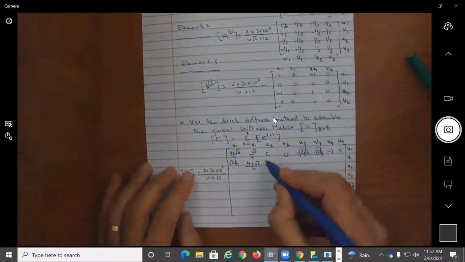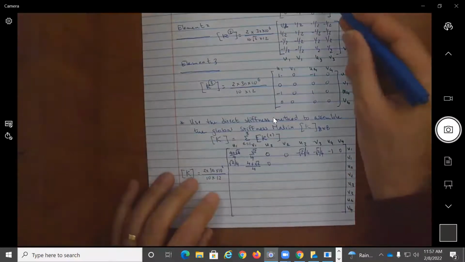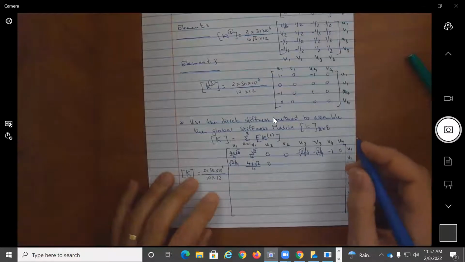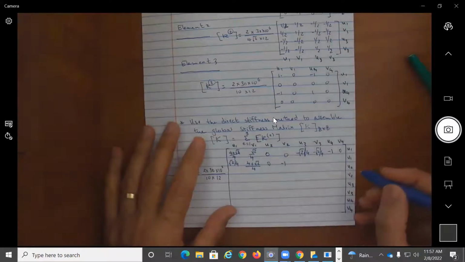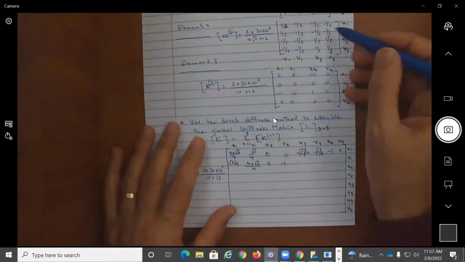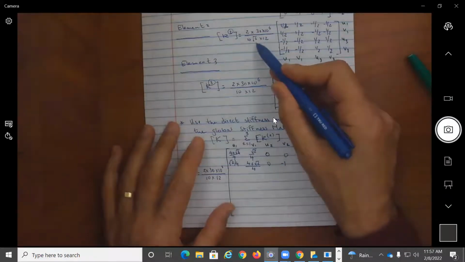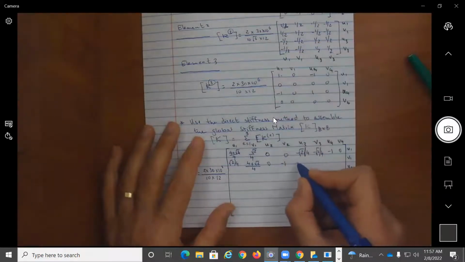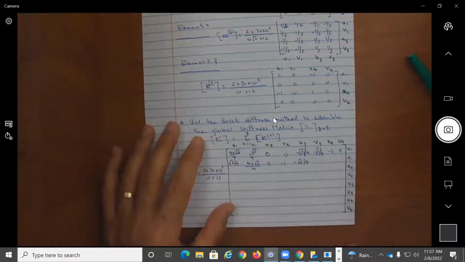V1, U2 is a 0. V1, V2 is a minus 1. V1, U3 is a minus half, but there is the square root of 2, so again, we're going to write it as minus the square root of 2 divided by 4.